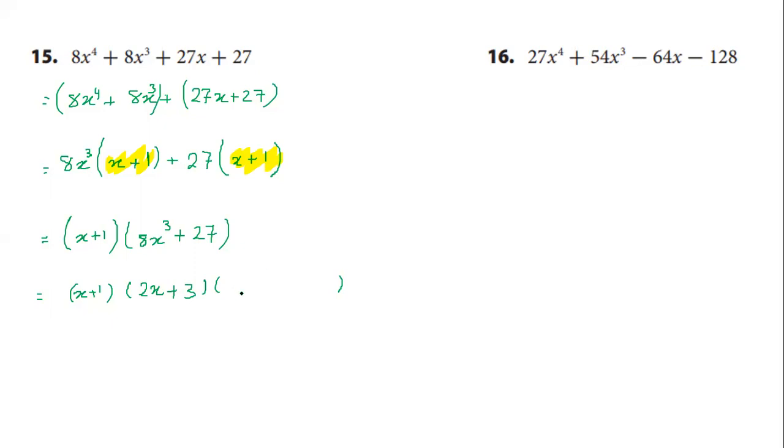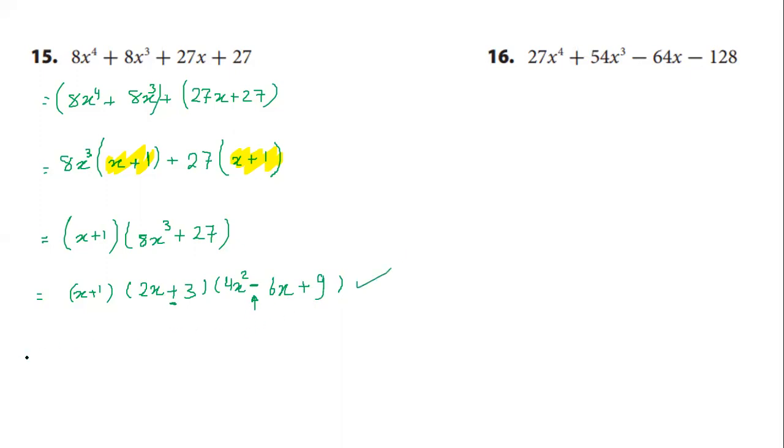Then the second bracket is 4x squared, then change the sign, minus 6x, and then plus 9. That's it. Thanks a lot.